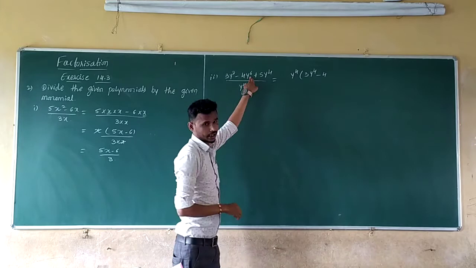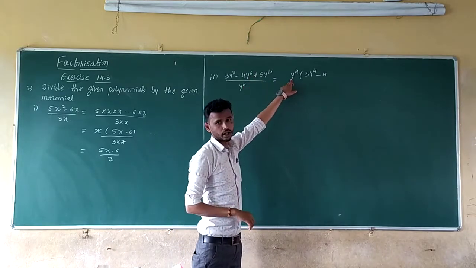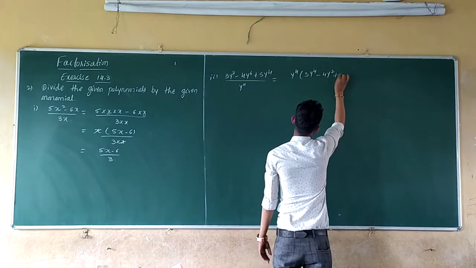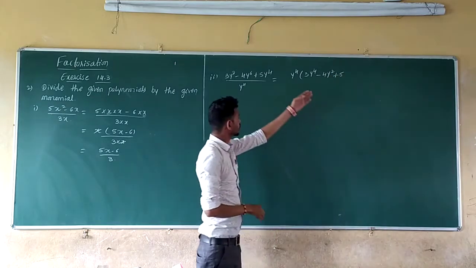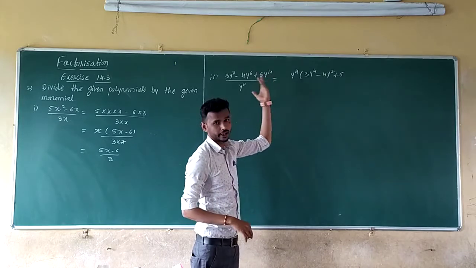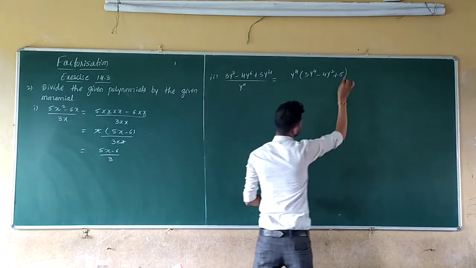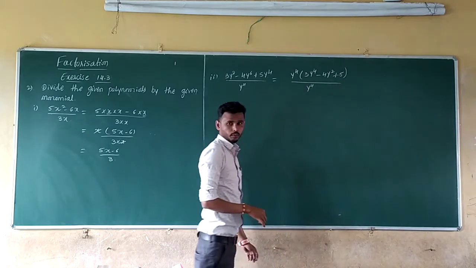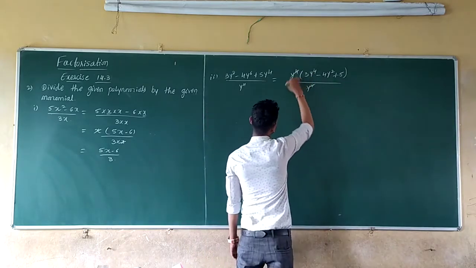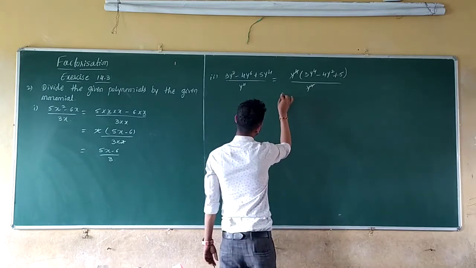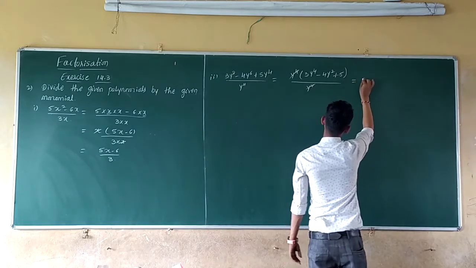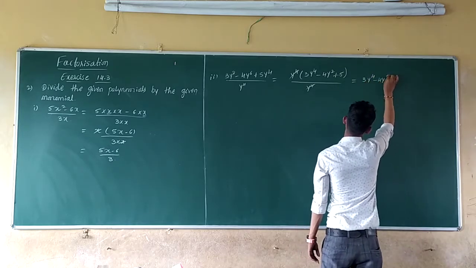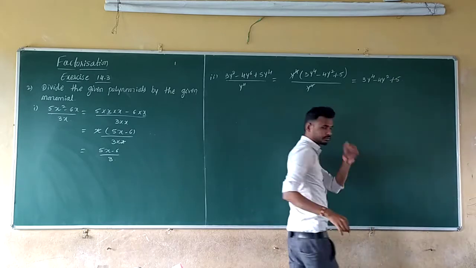Here y raised to 6 is there, we have taken 4 common, how much remained? 2, so 4y square, plus 5, because only 5 is there. Because we have taken y raised to 4 common, only 5 remained, divided by y raised to 4. So y raised to 4 and y raised to 4 get cancelled. So what will be the answer? 3y raised to 4 minus 4y square plus 5.